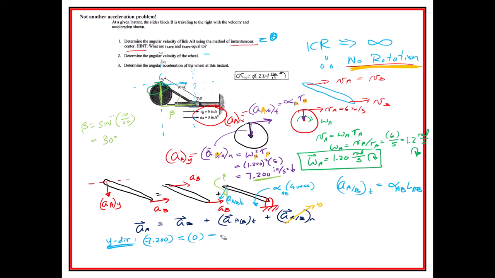So we take our alpha AB times our 20, but it's only going to be the cosine of our 30 degrees. And did I do that right? Yeah, negative. Okay. And so that ends up being alpha AB.